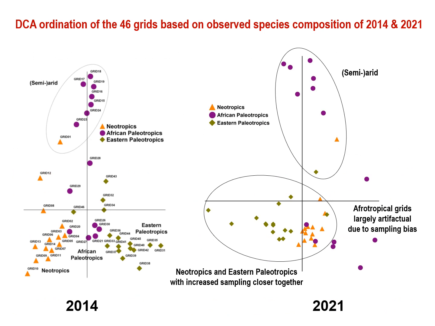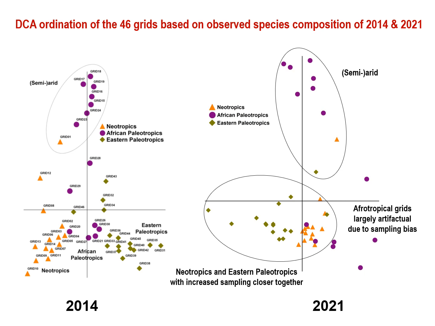Here is the DCA of 2014 and 2021. Note, axis 1 is flipped: Eastern Paleotropics to the right in the 2014 DCA, to the left in the 2021 DCA. Here we show Neotropic grids in orange color, African Paleotropics in purple color, and Eastern Paleotropics in green color.